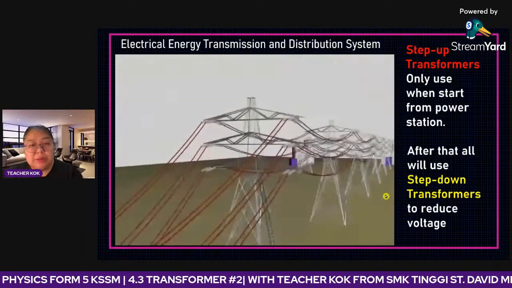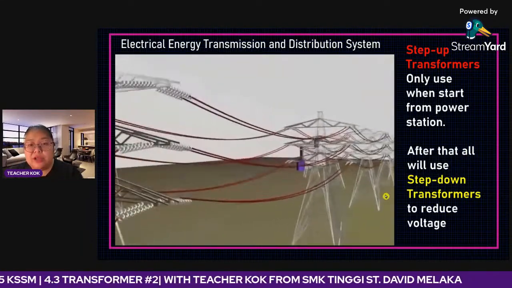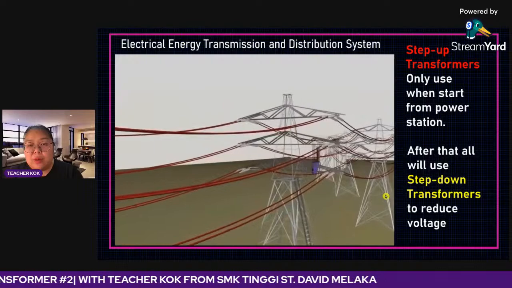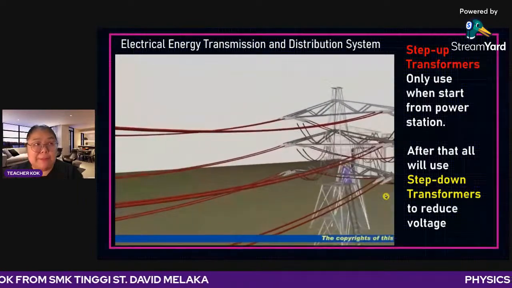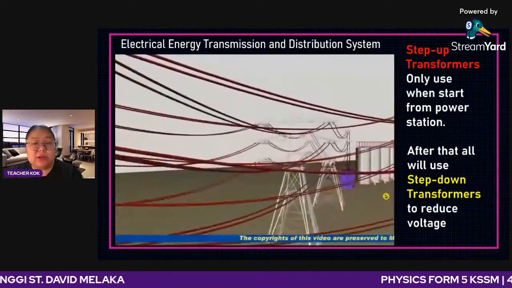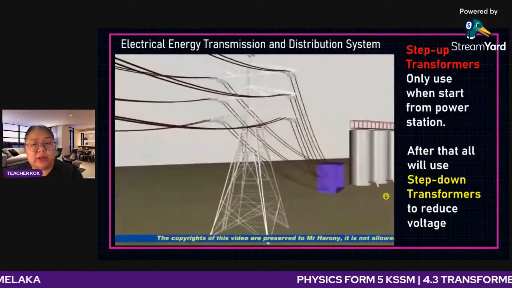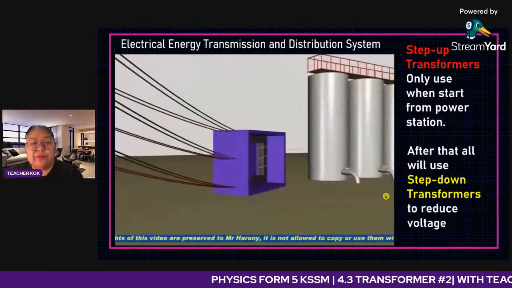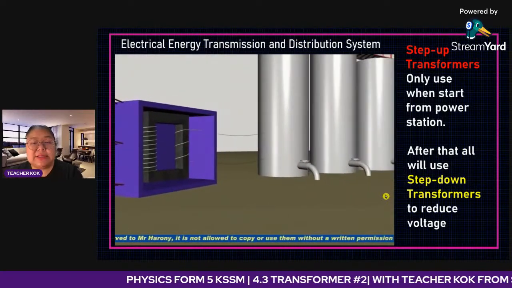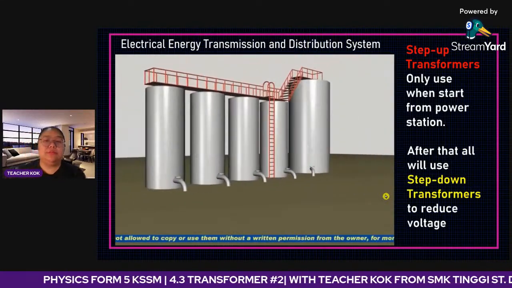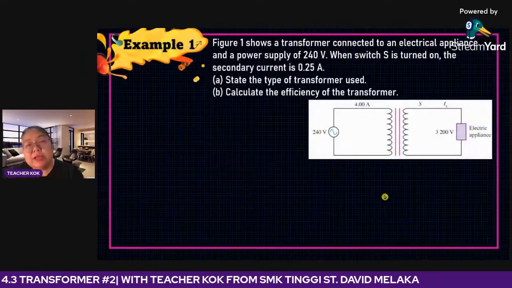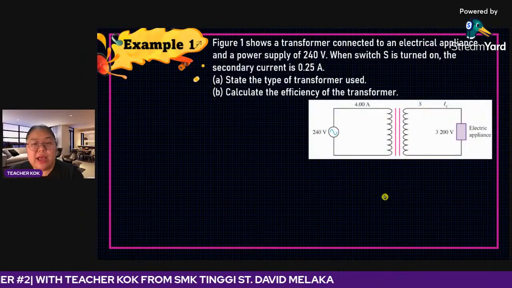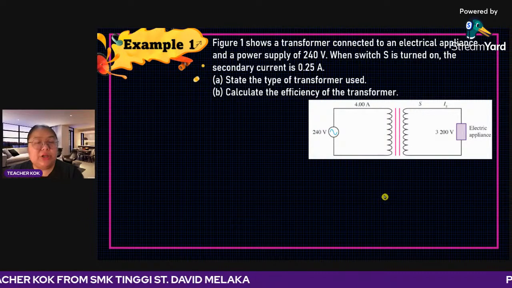So that means it is only the first round, when they send through the long wire, before they send to the sub power station. Then they will step down already, they will reduce already. So from here, the rest use step down transformers. Okay, so the topic of the transformer for energy loss and transmission, we finish.